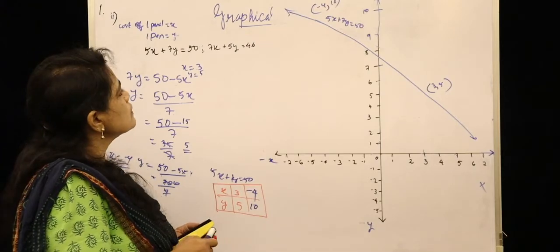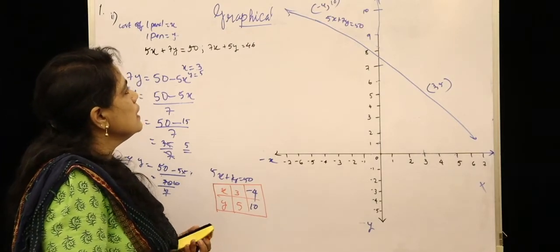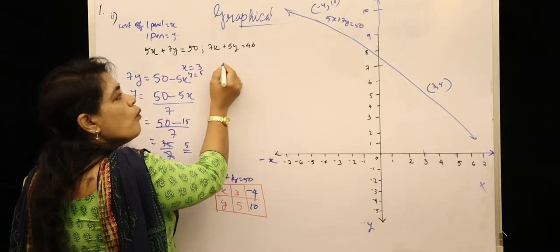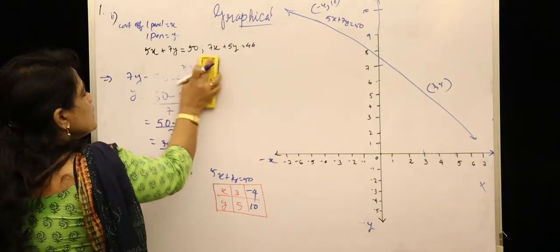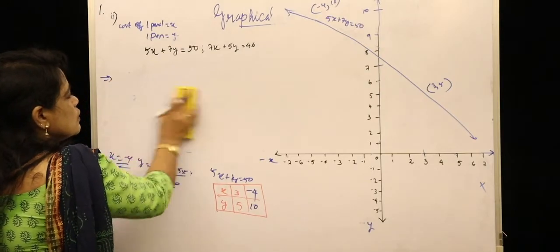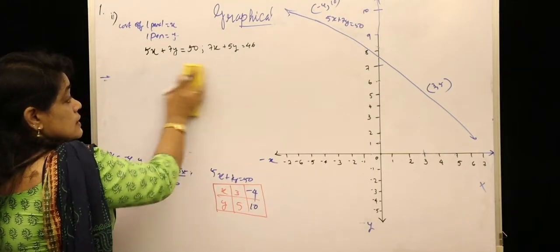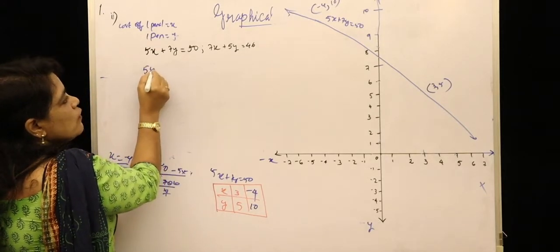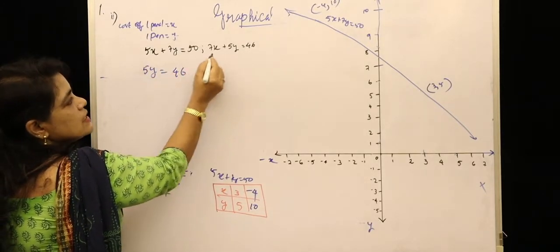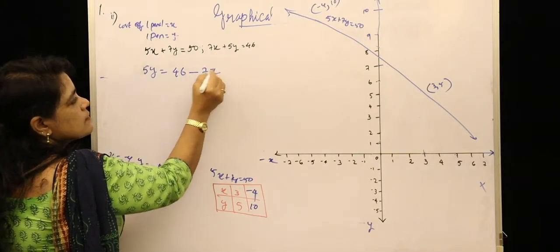Here also I am going to represent this equation with respect to y, that is 5y. I am going to rub this side. So 5y, this is the solution for the second line, from the second equation 5y will be 46 minus 7x.